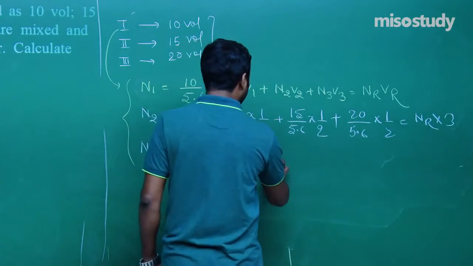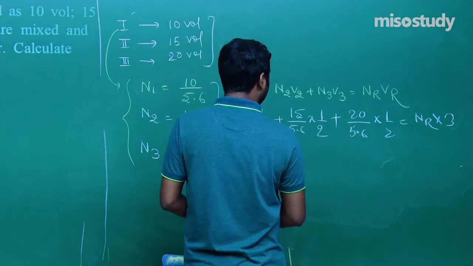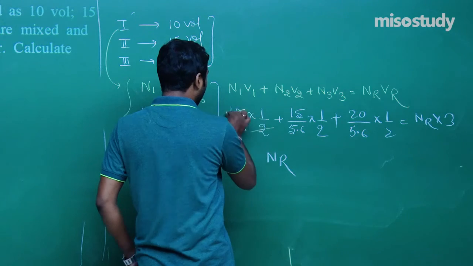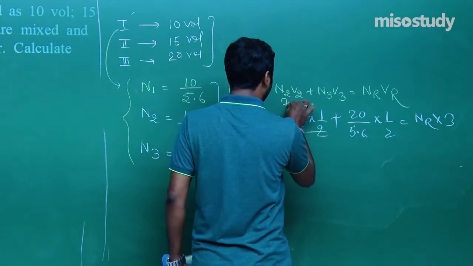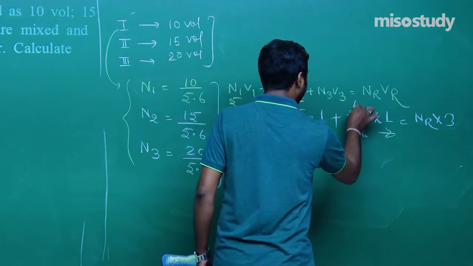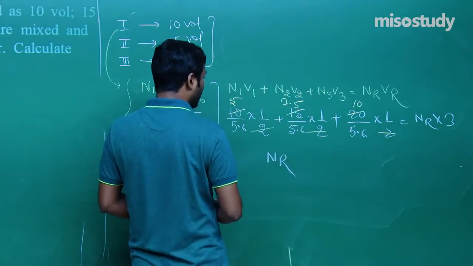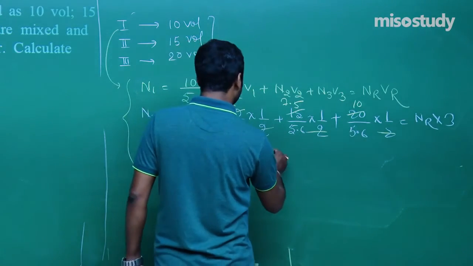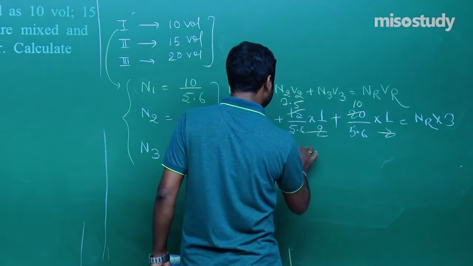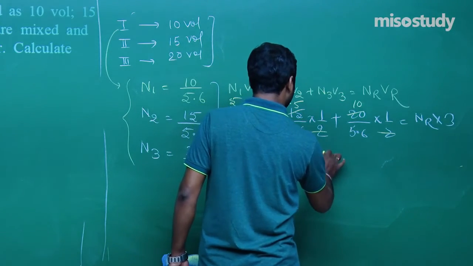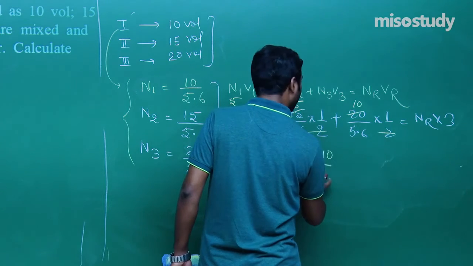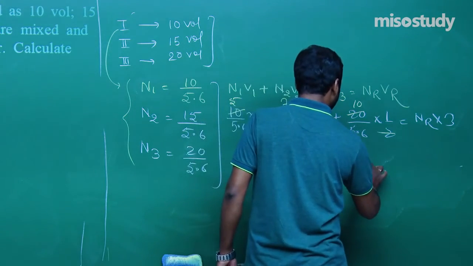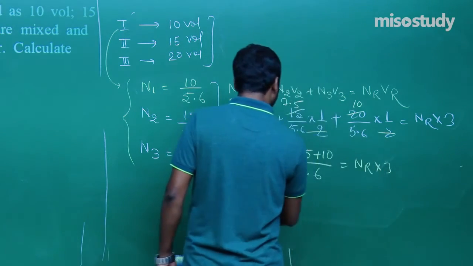So what is NR? After solving, we get 5, 7.5, then 10, after taking the LCM. That is 5 plus 7.5 plus 10 divided by 5.6 is equal to NR multiplied by 3.